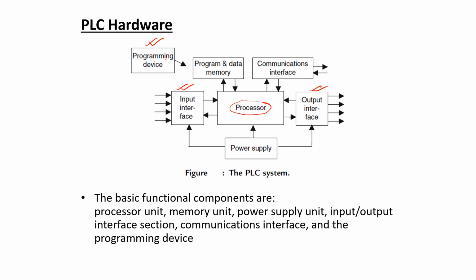And in order to store the data or the program written by the user, some memory chips are also necessary in the form of RAM and ROM, as already discussed. Some communication interface is also necessary, in order to write the program from the programming device into the memory of the PLC.